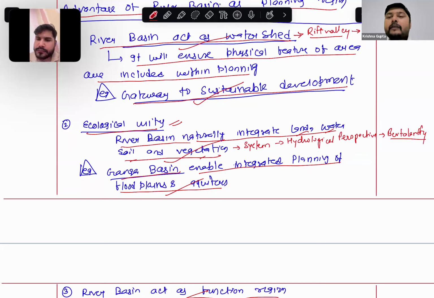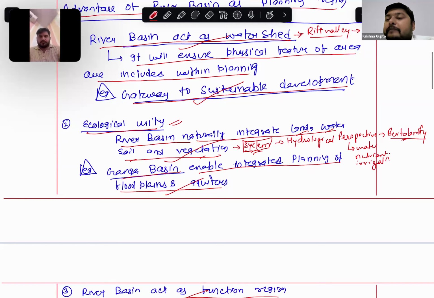Here the management of water along with nutrients, plus irrigation, etc., is taken care of. So we can see this from a systems perspective. So this is a river system.